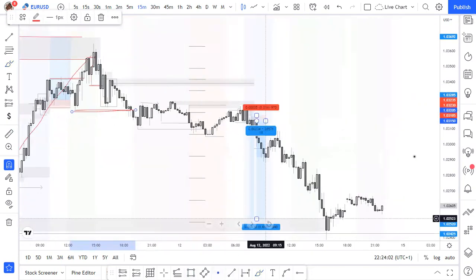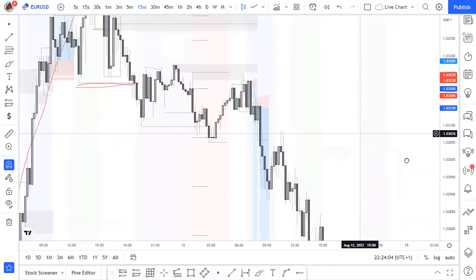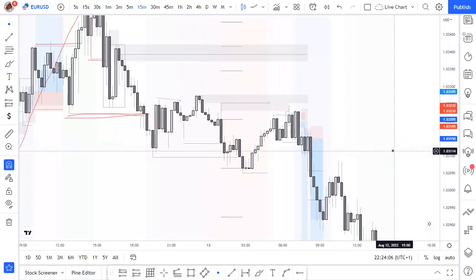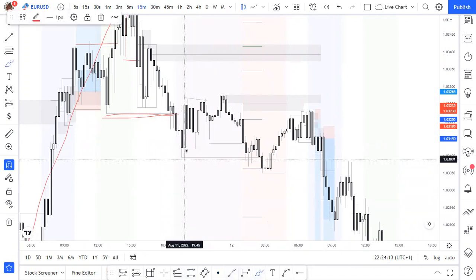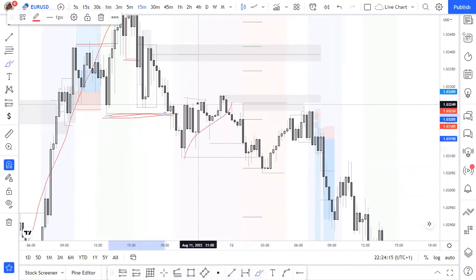So I was looking at this and saying, okay, since we have a break of structure here, price has now pulled back into this particular range. We also have some kind of sweep of liquidity. Price has now pulled back into this range here.